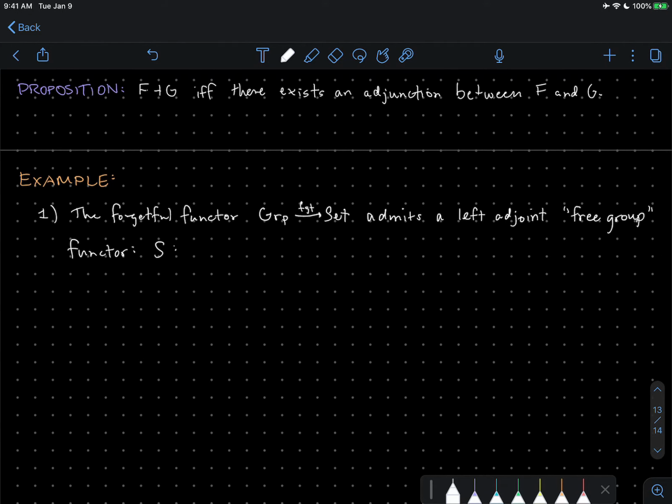It takes a set S to the set of words made up of elements of S or formal symbols called S inverse, with a group structure that comes from concatenation. You can find details in many other places.